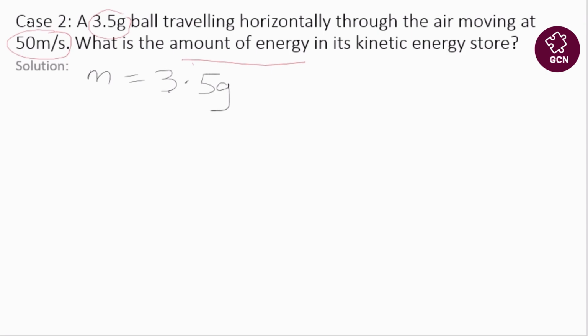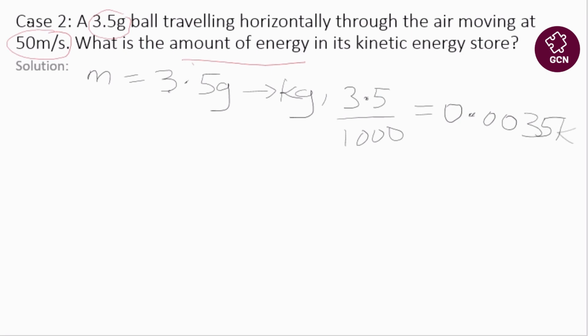Recall I said that whenever you are given the mass in grams, you need to change it to kilogram. 1000 grams make 1 kilogram, so we divide this by 1000. 3.5 divided by 1000 would give us 0.0035 kilogram. v, which is the speed, is 50 meter per second, and we are asked to find the kinetic energy.